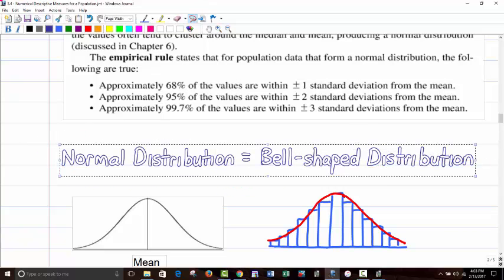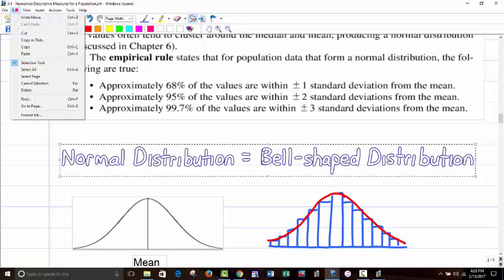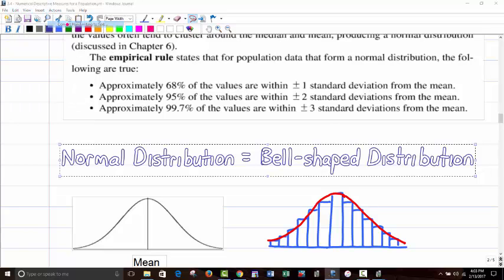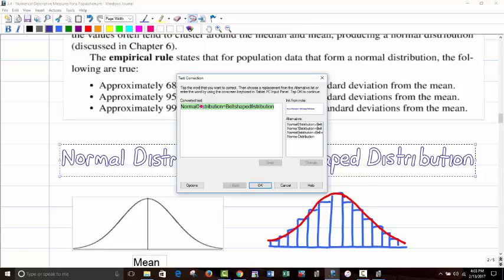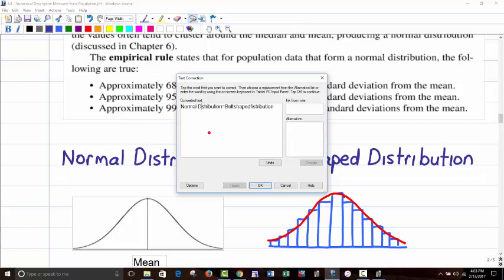This says that 68% of your values are within plus or minus 1 standard deviation of the mean. So what that is telling you is that if you took the mean and subtracted the standard deviation and got a number one time, and then added the standard deviation to create an upper value, you've created an interval.